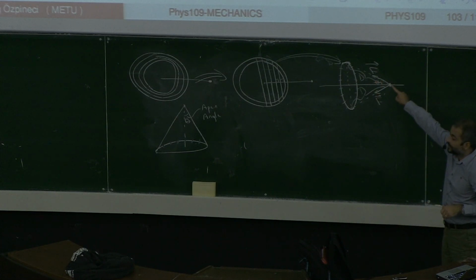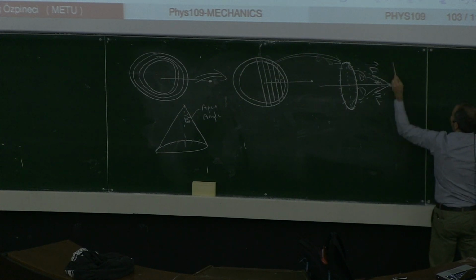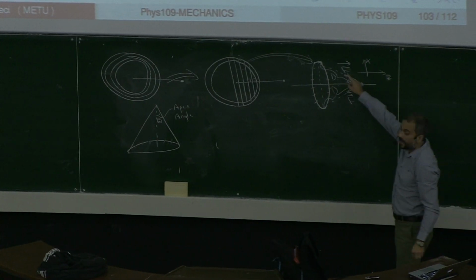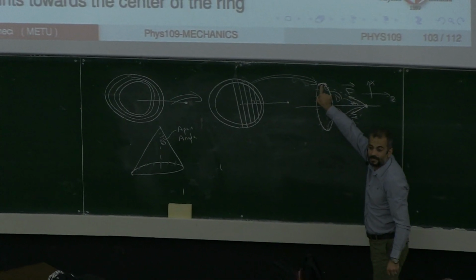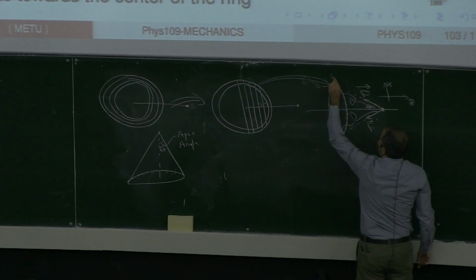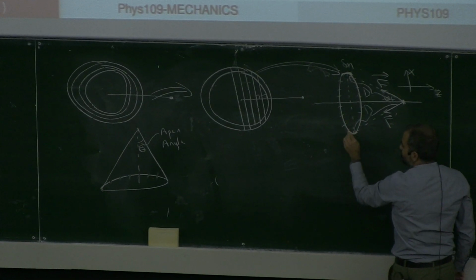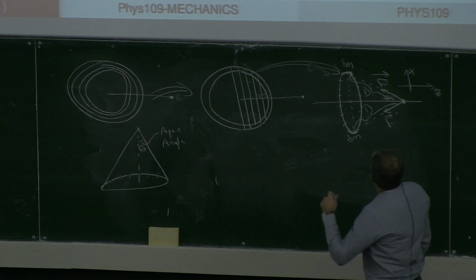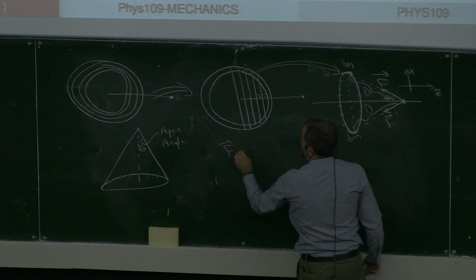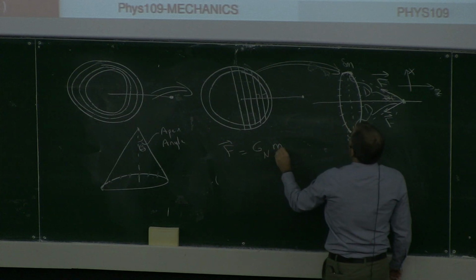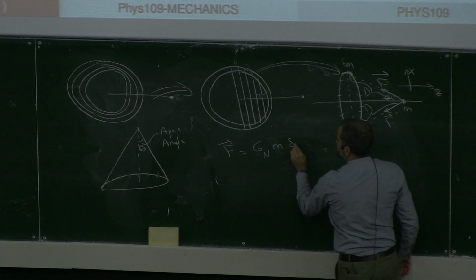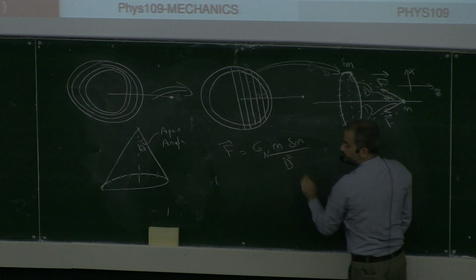Now let's write these forces. Let me choose some coordinate axes. This is the z-axis and this is the x-axis. The force F created by this mass over here, let us call it delta m, so this arc has mass delta m also. They have the same mass. So F will be G times m, which is the mass of my point here, times delta m divided by d squared.